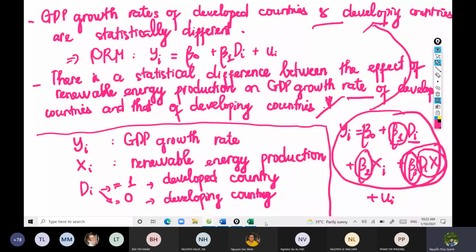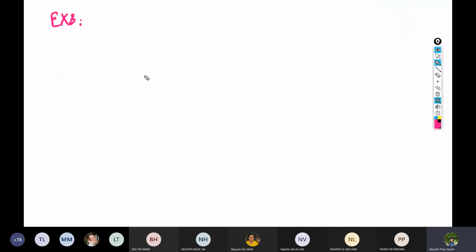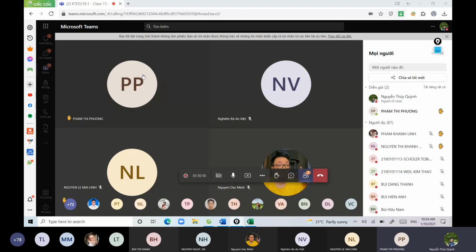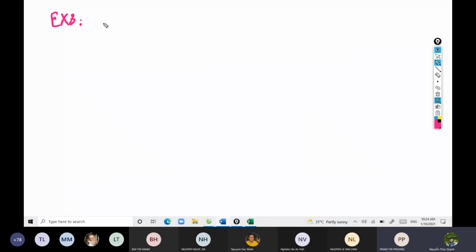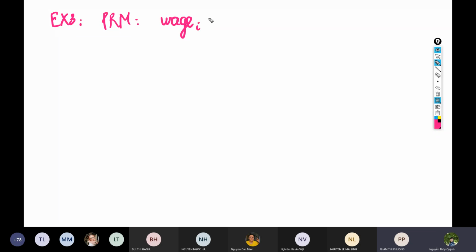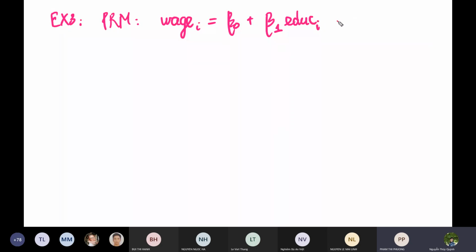So for exercise 3, what is your regression model? My population model is wage equals beta 0 plus beta 1 education years plus residual.